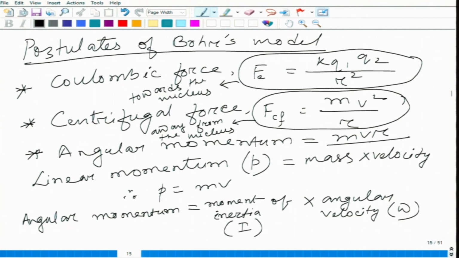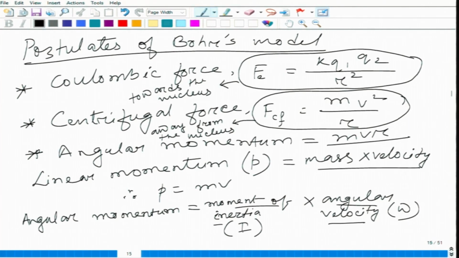So, we had also derived this formula. How did we derive it? We know the formula of linear momentum P, which is mv, that is the product of mass and velocity. So, similarly, angular momentum will be the product of moment of inertia and angular velocity.